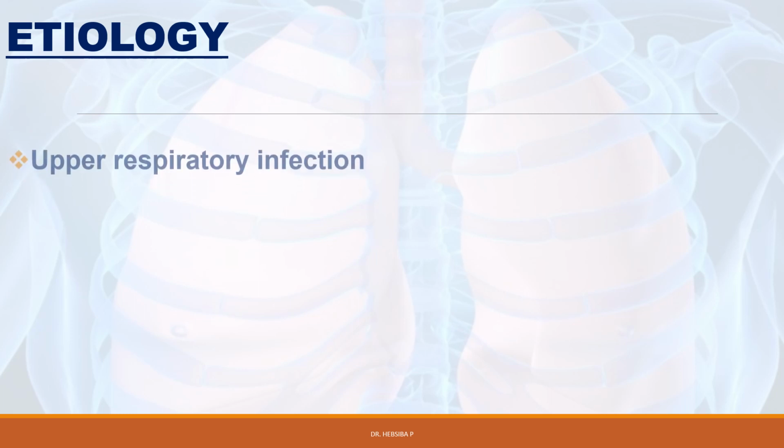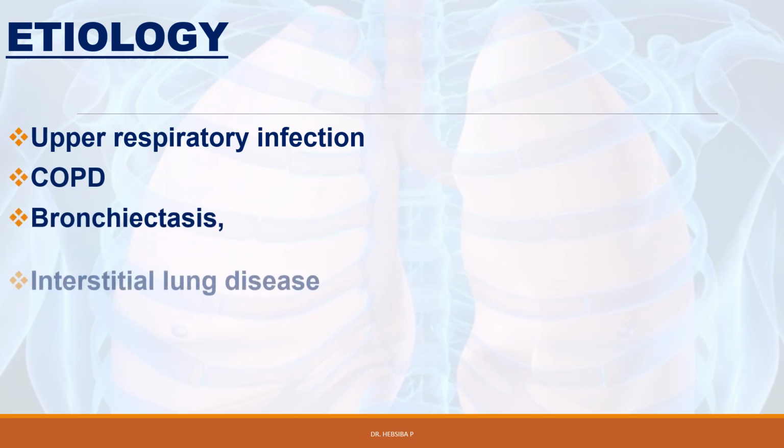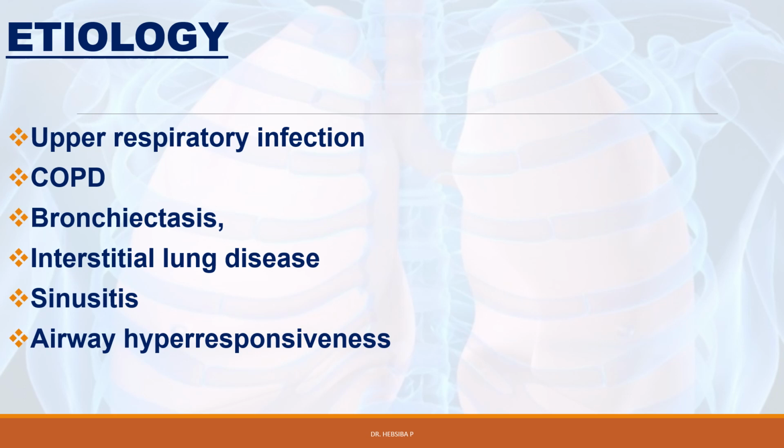Etiological factors: upper respiratory infection, chronic obstructive pulmonary disease, bronchiectasis, interstitial lung disease, sinusitis, airway hyperresponsiveness, gastroesophageal reflux disease. In these situations, there is an excessive mucus secretion in the lungs.